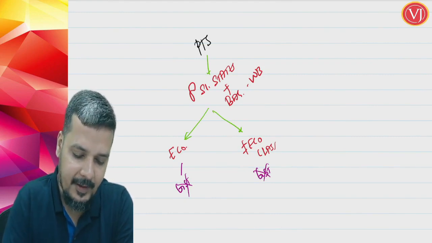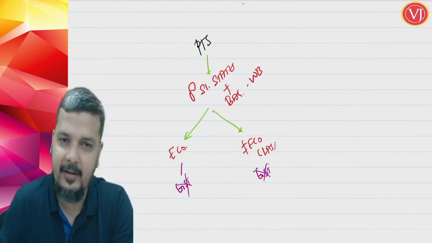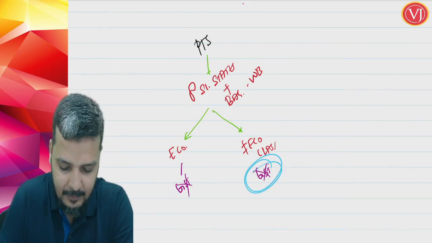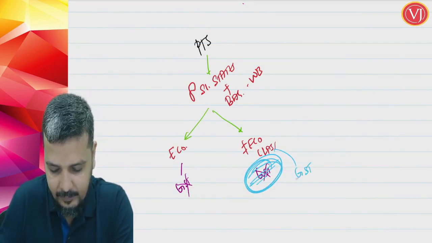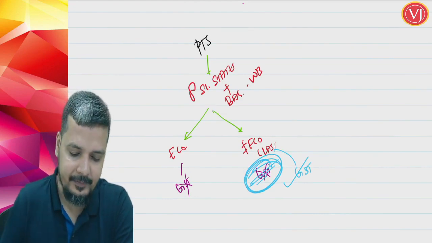Now what is the amendment that they have brought? They are telling that if it is economic class, again exemption will remain the same. But if it is not economic class, then GST will be applicable. This is the amendment. Right.